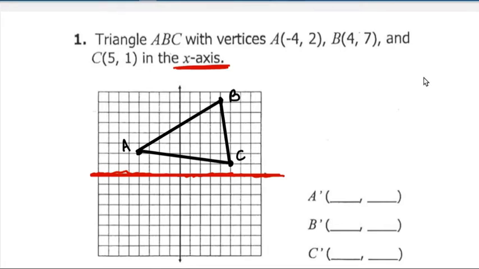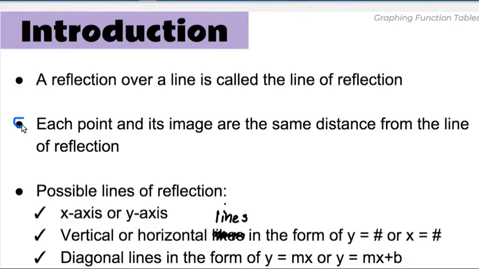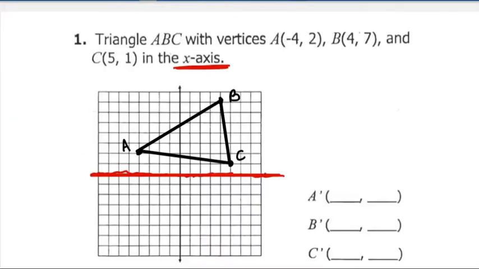So now if we look back at our information about reflections, the second bullet point says each point and its image are the same distance from the line of reflection. So what that means is when I'm creating my image from the pre-image, A is here, 2 units from my line of reflection.